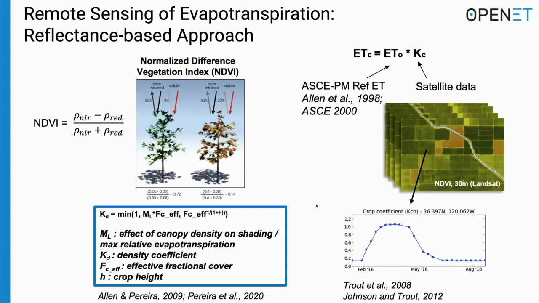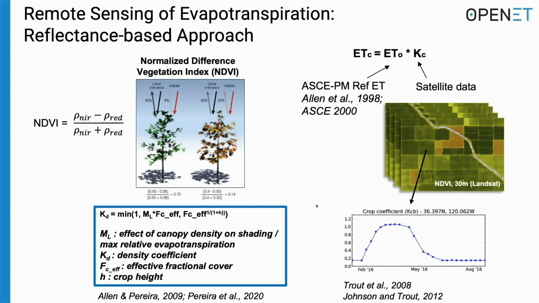And then it computes this density coefficient and uses it to index into a set of equations that were developed by Rick Allen and Luis Pereira originally to compute a crop coefficient for every 30-meter pixel that accounts for the current crop growth stage and condition. It then brings in information on reference ET from different gridded meteorological products or from agricultural weather stations to compute ET following the FAO 56 approach.